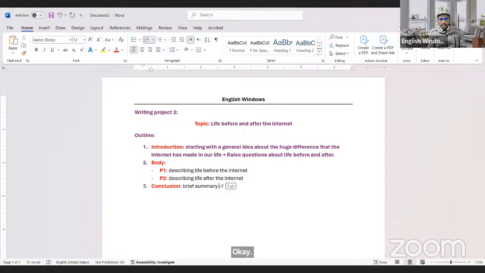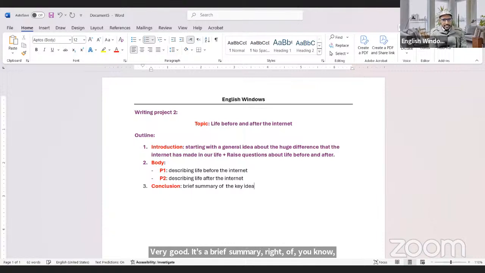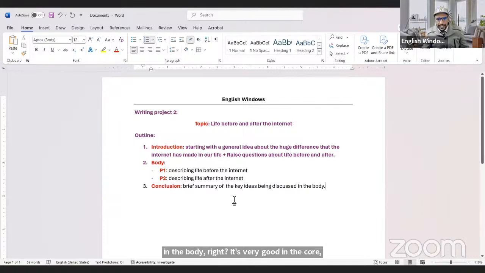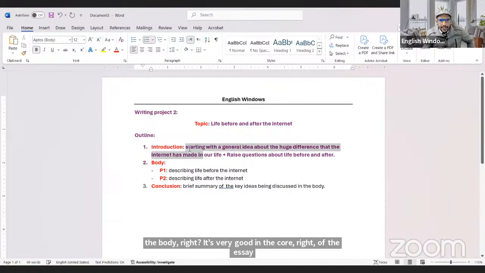Very good. It's a brief summary of the key ideas being discussed in the body, in the core of the essay. All right, that sounds really interesting.